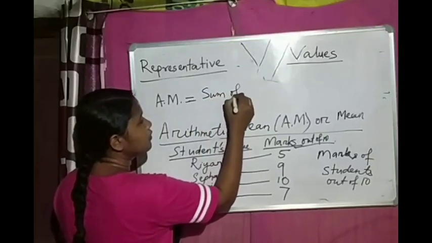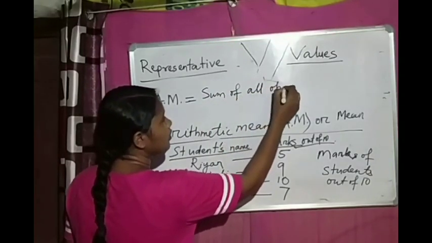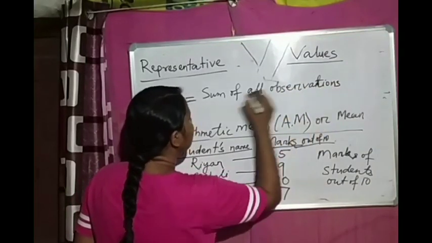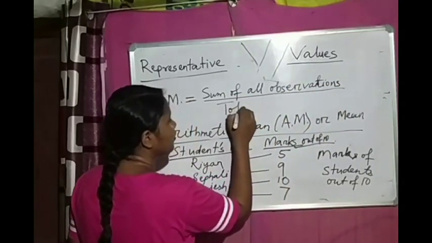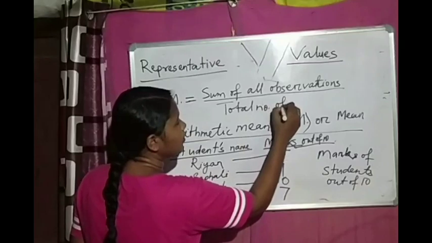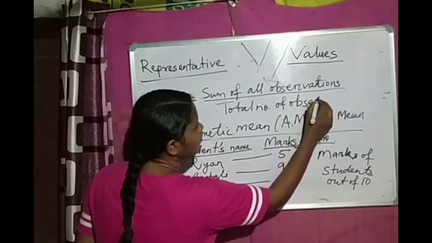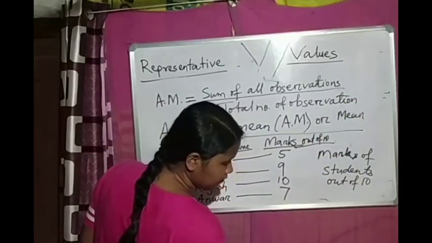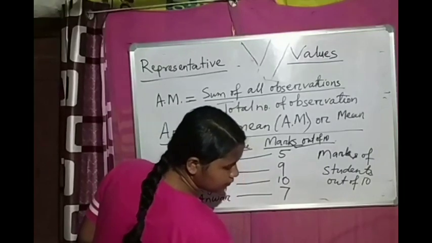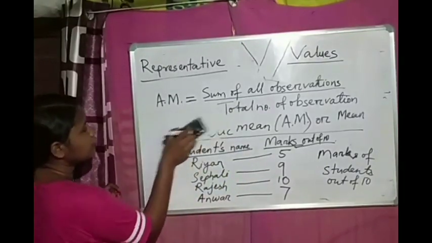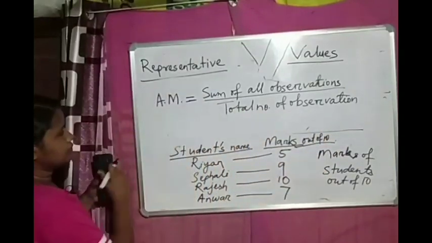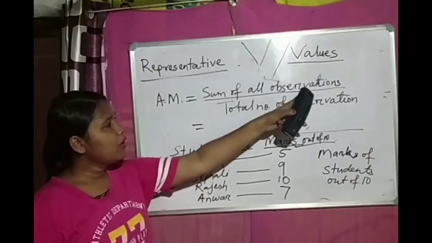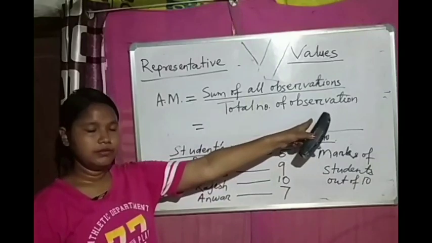Sum of all observations divided by the total number of observations. So arithmetic mean is the sum of all observations by the total number of observations.